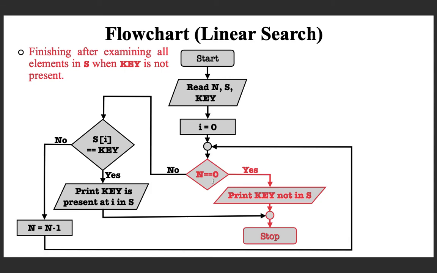That means the key is not present, so you are printing that it is not present and stopping. This is exactly the algorithm that we discussed, and now it is represented as a flowchart. Note that I need an increment operation in this data processing block. A rectangle represents a data processing block.